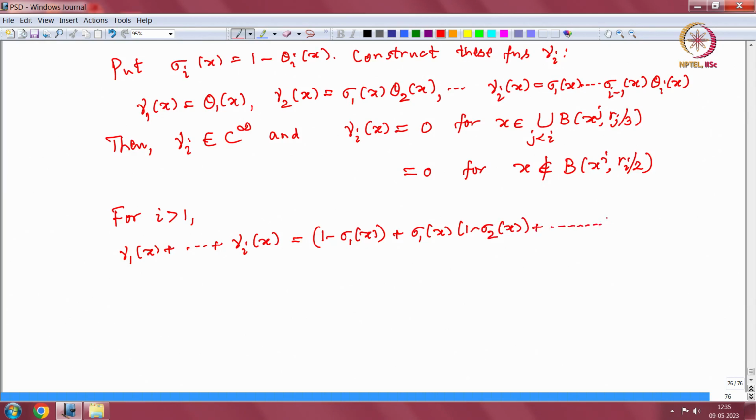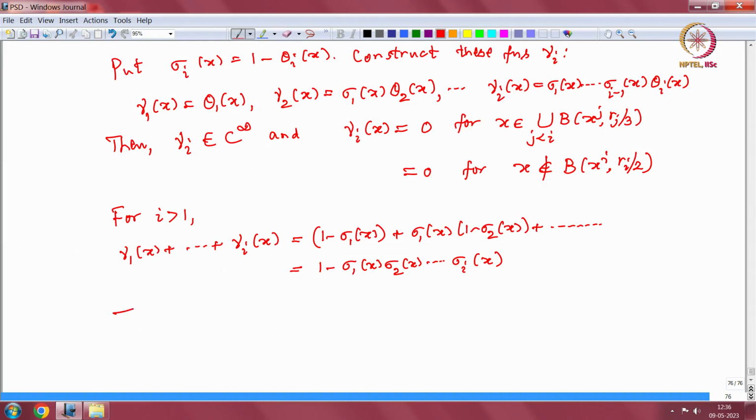Okay. Write down all those things and you get this: 1 minus sigma 2 x ... sigma i x. And since these sigmas, just see the definition here, the sigma i x are all one outside the larger ball.